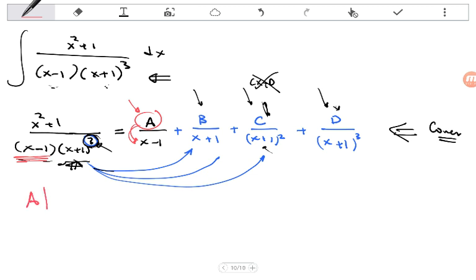So I substitute x equals 1 in this expression, covering the bracket x minus 1. So I just substitute here 1 squared plus 1 over 1 plus 1 all to the power 3, which will be the value of A. So now I found the value of A.